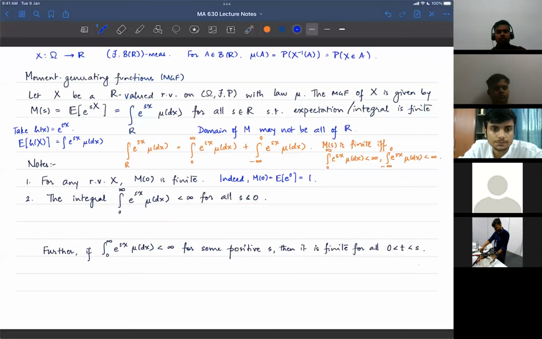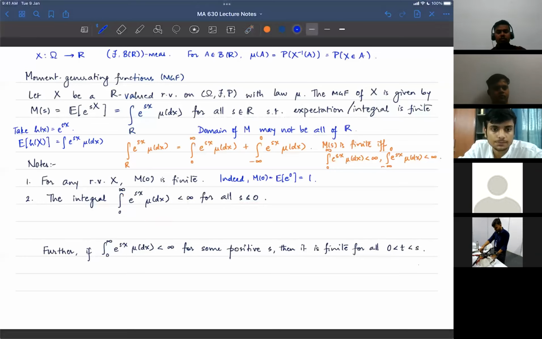So indeed, fix s less than or equal to 0. Note that for all x greater than or equal to 0, e to the sx is less than or equal to 1.